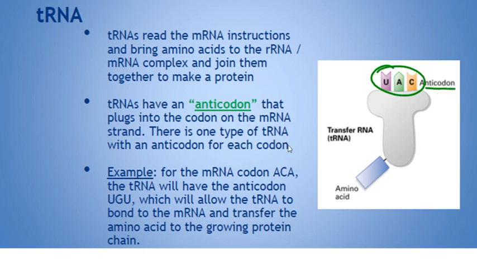This bonds with the codon to make sure that the correct amino acid is being brought. Each transfer RNA is going to be specific to that amino acid. So you're going to have essentially 64 different transfer RNAs because there's 64 different combinations.